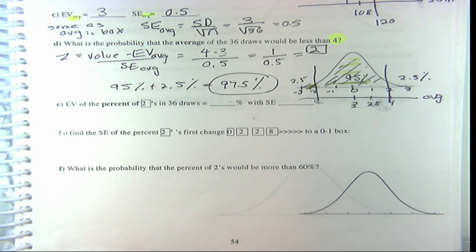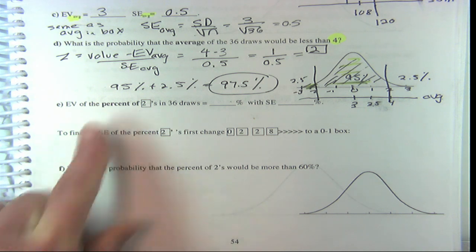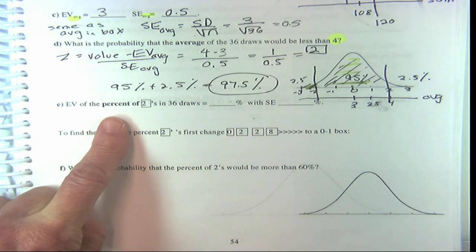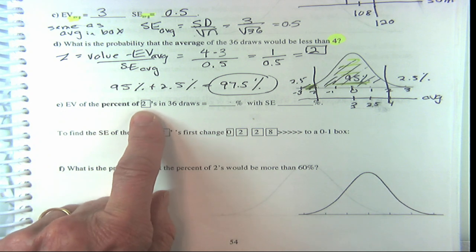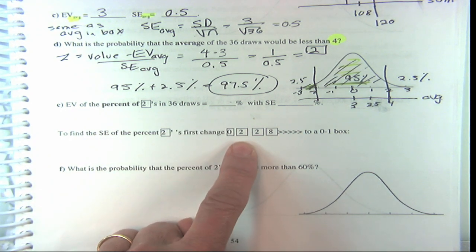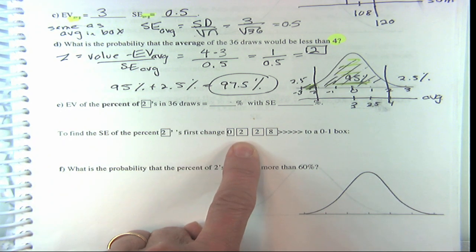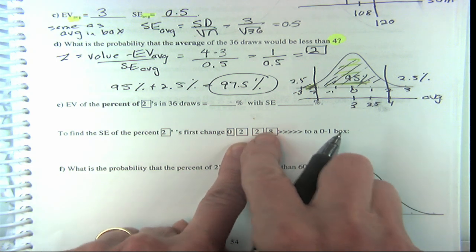All right. So now let's say we're interested in percents of something. Well, percents are used when you classify something as either the percent of 2's, so either it is a 2, yes, or it's not a 2, no. So the expected value of the percent of 2's in this box is just going to be the same as the percent in the box.